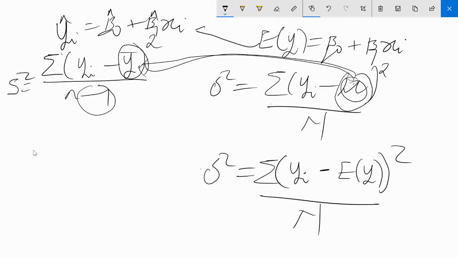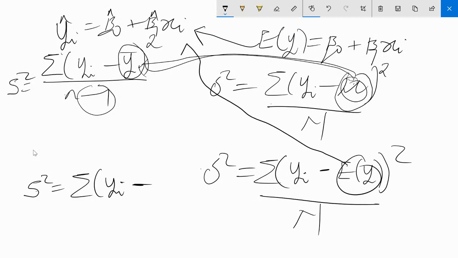So this is estimated by this, which means if we want to find the point estimator of sigma squared in simple linear regression, we are going to have the mean replaced by the point estimate, which is yi hat.